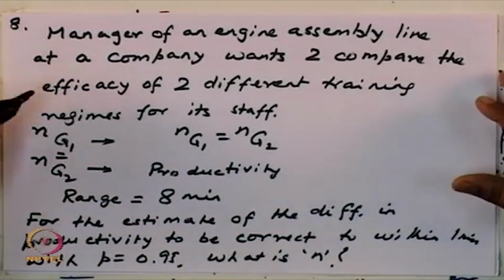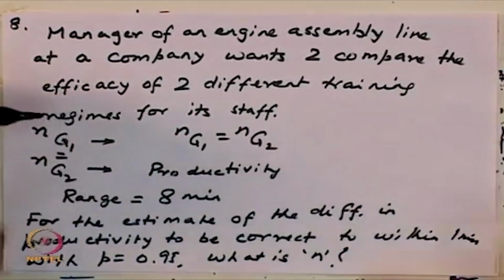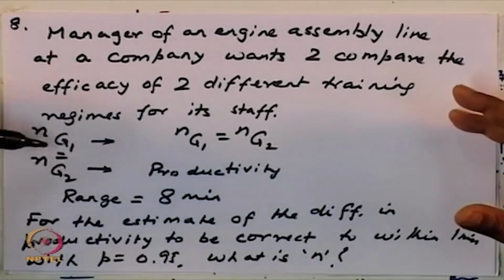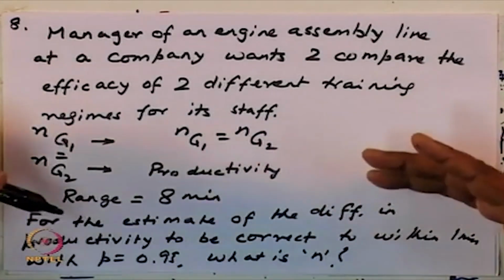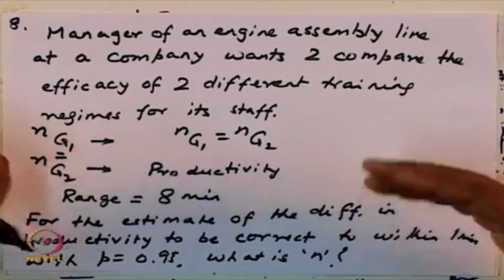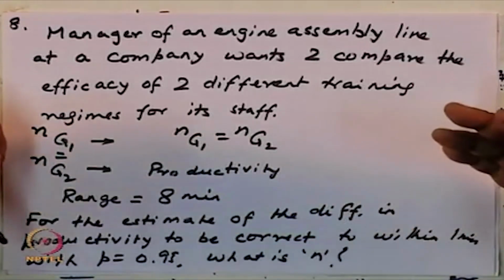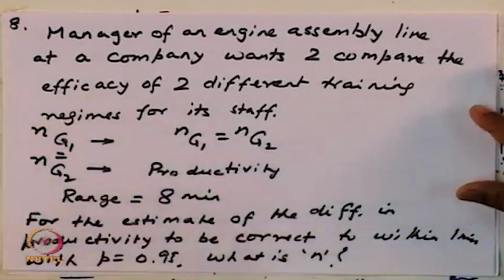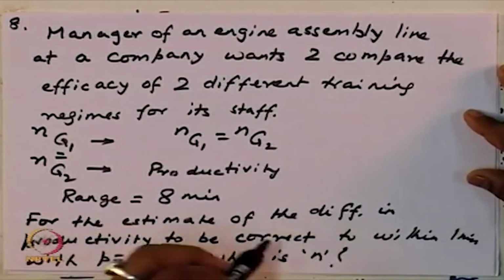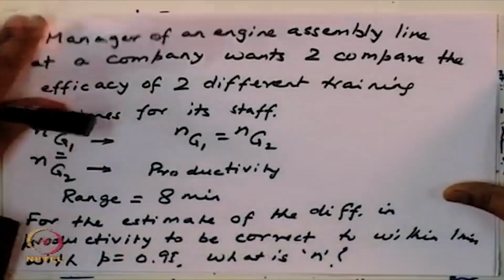In other words, the question asks how many people need to be in each group, so that when we compare the difference in their average performance, the estimate of the difference in productivity is correct to within 1 minute.